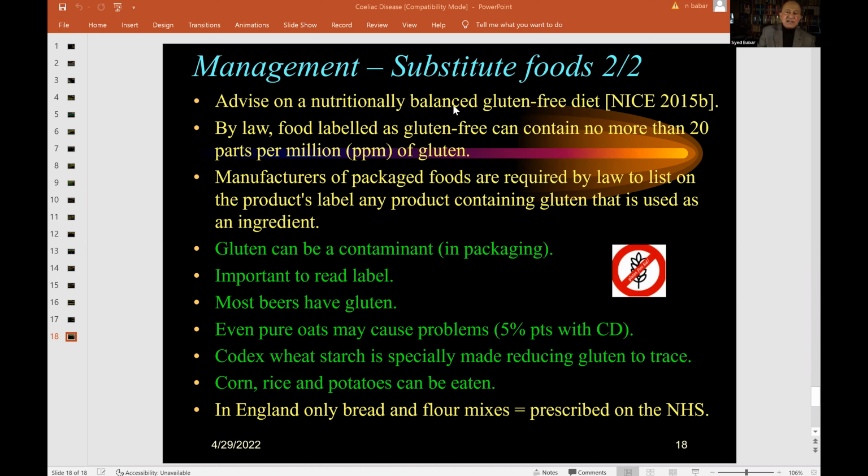And of course, general health should be promoted. And it is possible that despite their manifest best results of avoiding gluten, a patient may still be exposed to gluten, which may be present as a contaminant in packaging and so on.